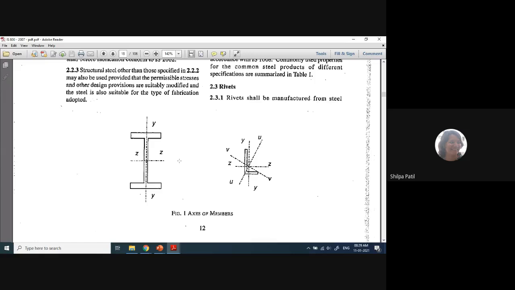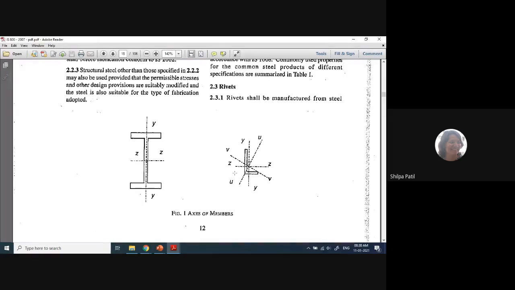For steel code, that is for IS 800, the horizontal axis is represented by ZZ, whereas in steel table the horizontal axis is represented by XX. You have to understand this every time, because again CX, CY, that is the location of centroid, its distance from x-axis, z-axis, y-axis, everything is required in the calculation.